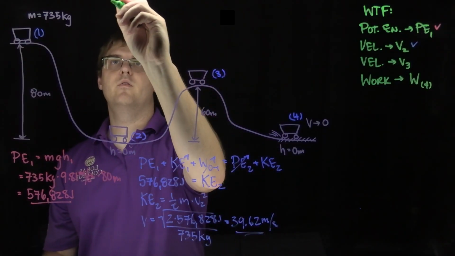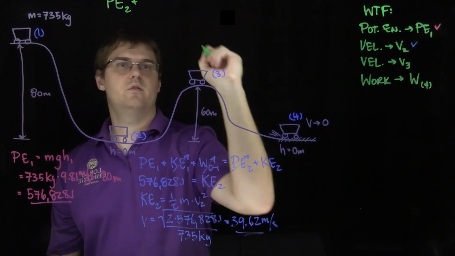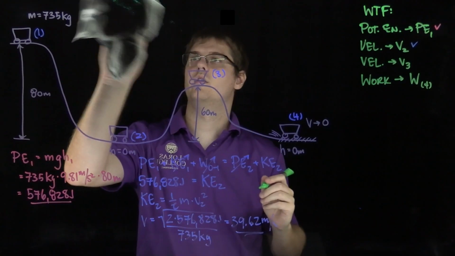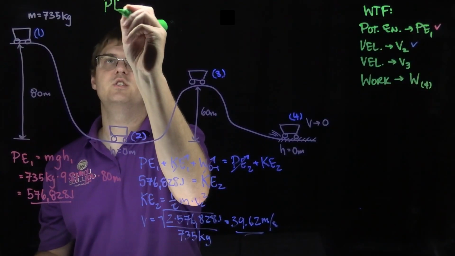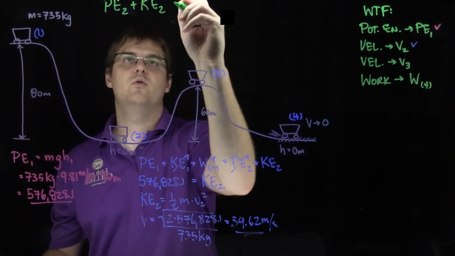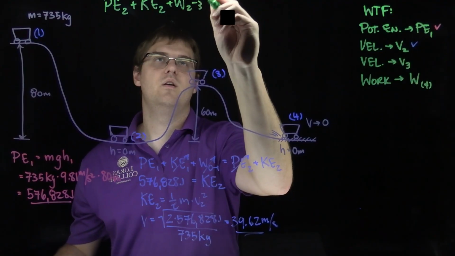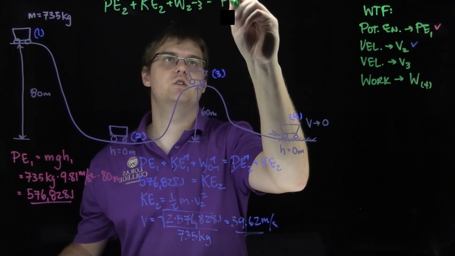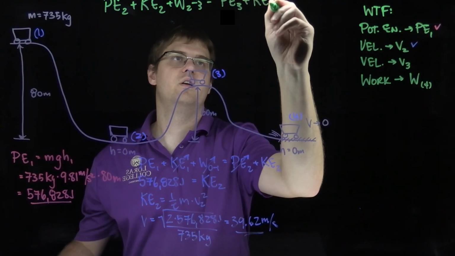So I have potential energy at 2 plus kinetic energy at 2 plus work between 2 and 3 is equal to potential energy at 3 plus kinetic energy at 3.